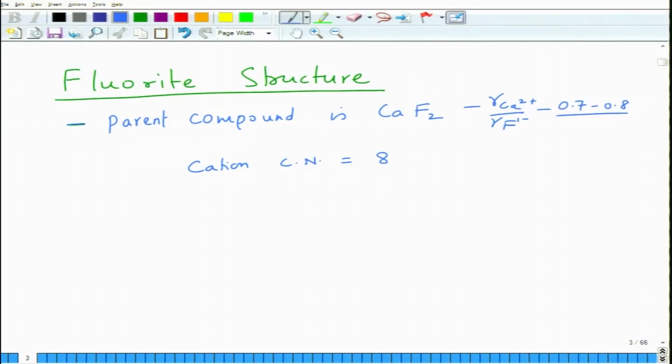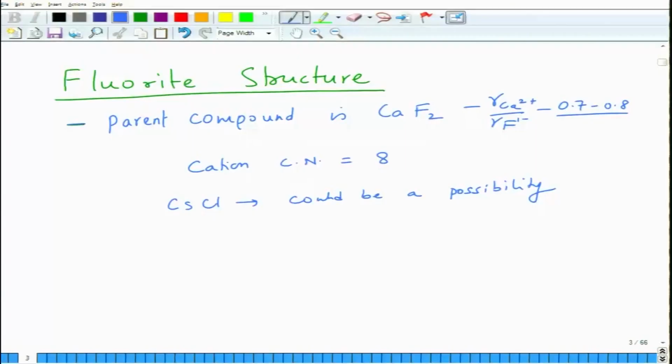We discussed that if the cation coordination number is 8, one possibility is to have a cesium chloride kind of structure, where 8 fluorine atoms will surround 1 calcium atom.